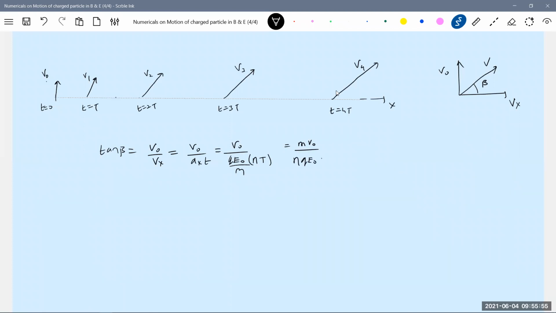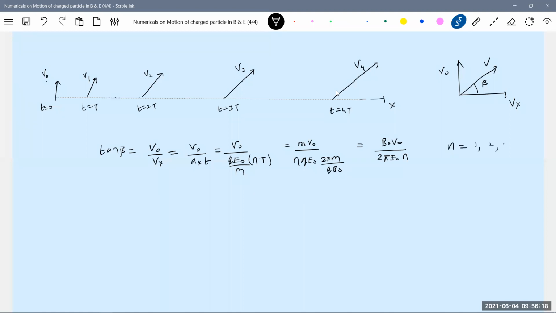What is the time period given by? 2 pi m by q b0. So this will become b0 v0. q gets cancelled, m gets cancelled. So therefore this will become b0 v0 by 2 pi e0 n. Look at this. As n increases, what are the values of n?